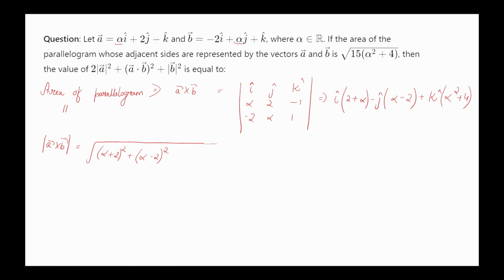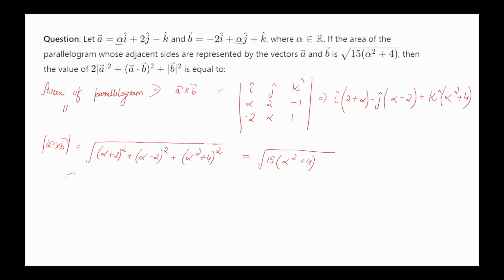Since it is squared, taking the minus 1 doesn't matter here, it is going to get cancelled out, so I'm just not writing it, plus (alpha square plus 4) whole square. So this is my area of parallelogram. Now as per the question, this area of parallelogram is 15 times alpha square plus 4. So let me solve this equation and find out my answer.